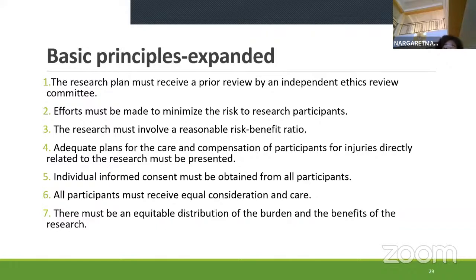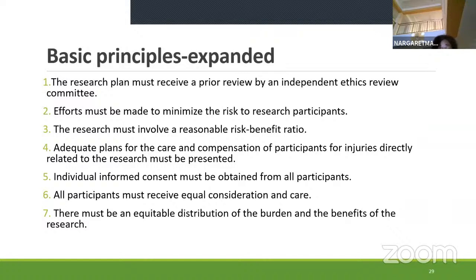In such a review, the protocol will be analyzed for the risk and benefit ratio, with reference to previous studies that may have been carried out on the candidates they're using for intervention, what the outcome had been in the past, and justification for the research design that is proposed.